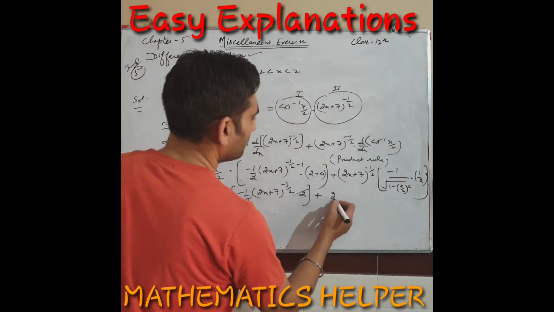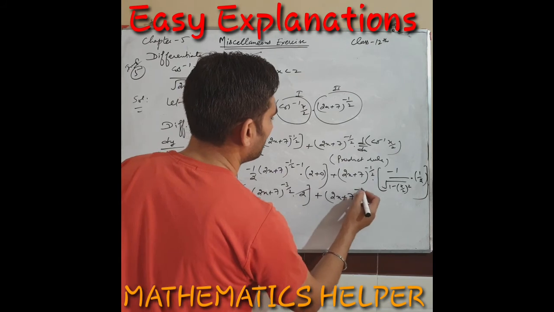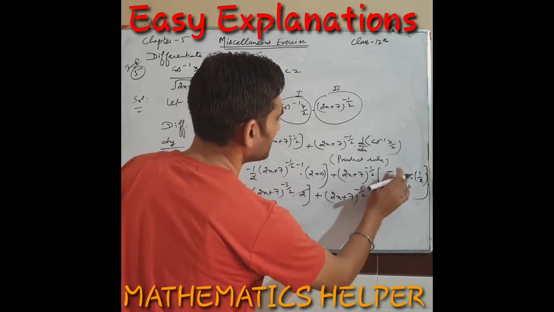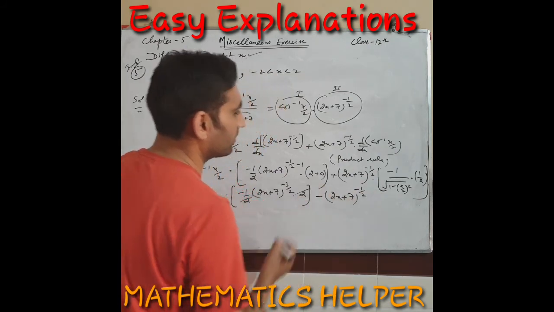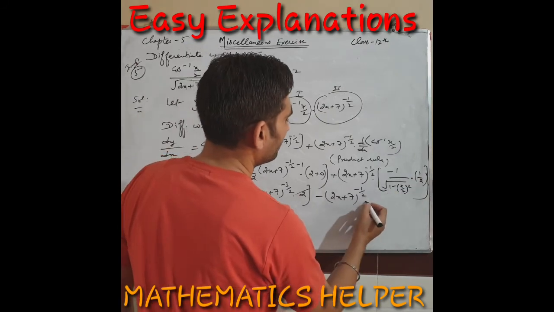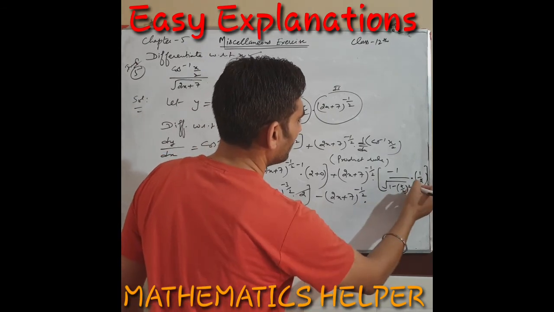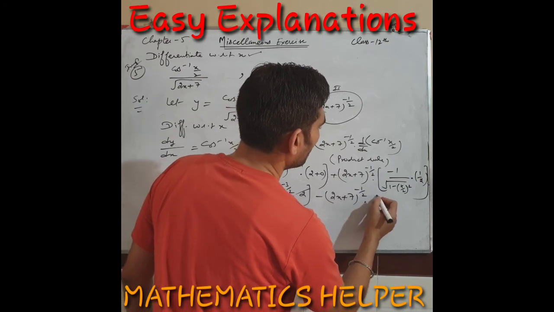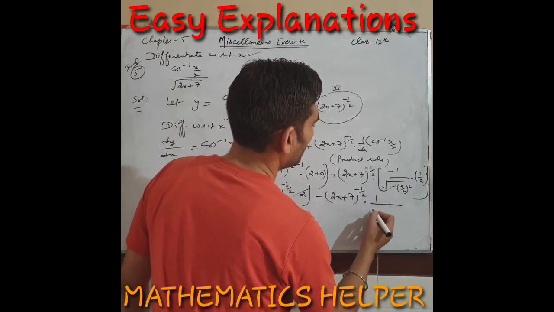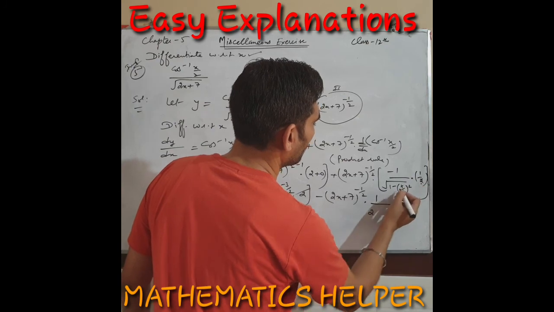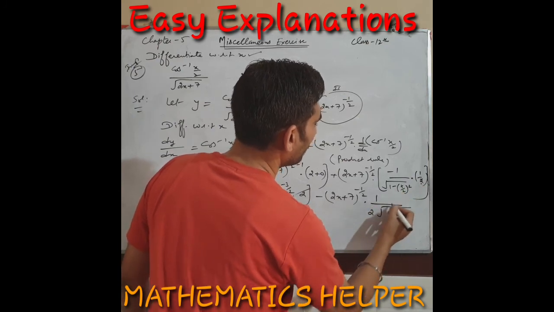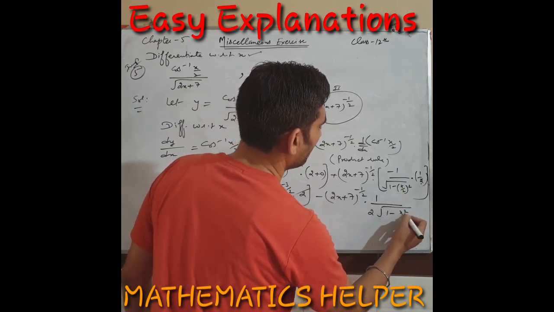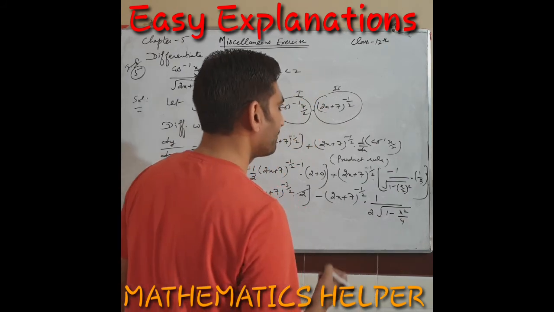Then plus 2x plus 7 raised to power minus half, and plus minus minus we can change sign here, and this 2 will be along with it. Let me write its calculation. So this will be 1 over 2, I am writing 2 along with it, into inside, when you mark it, will be 1 minus square of x over 2, x square over 4, since square of 2 is 4.